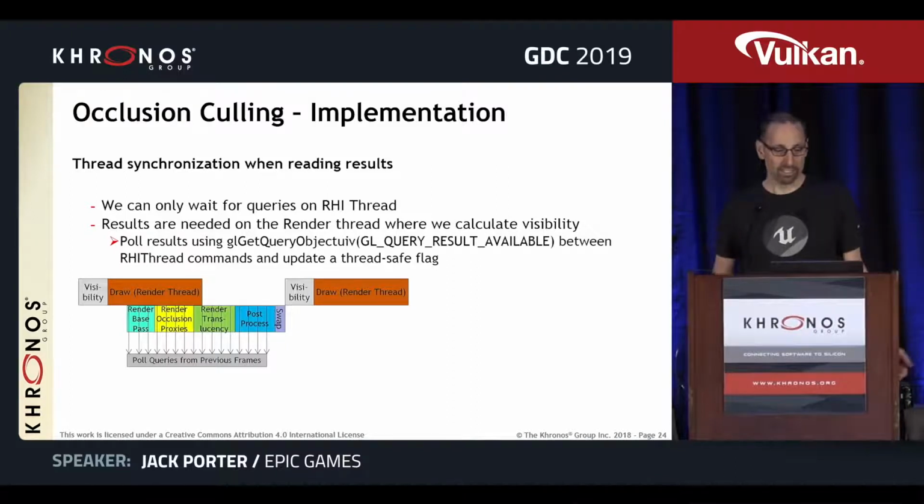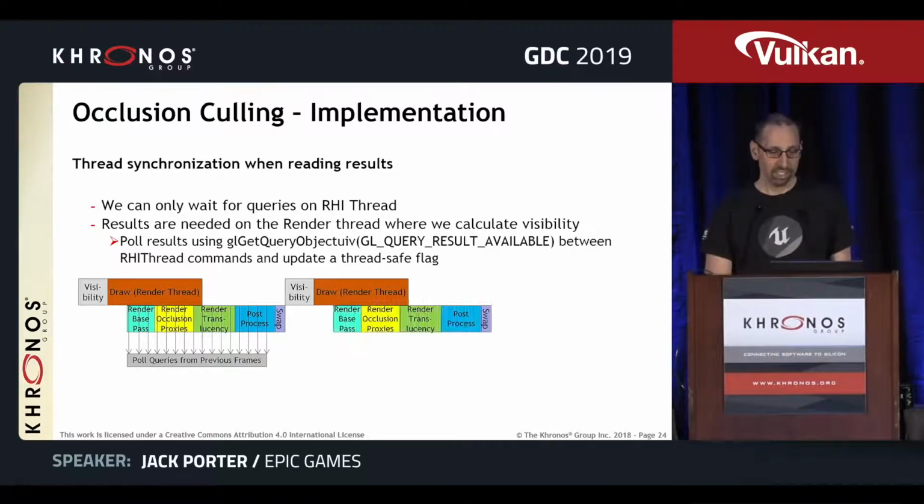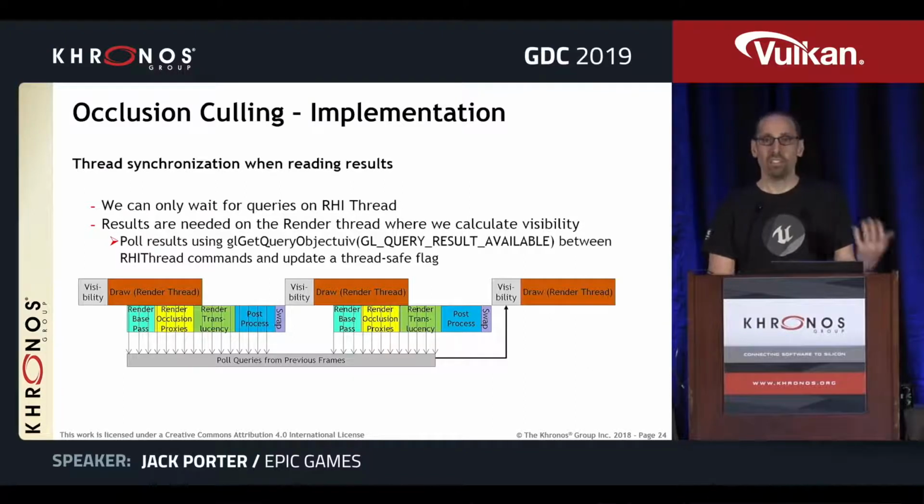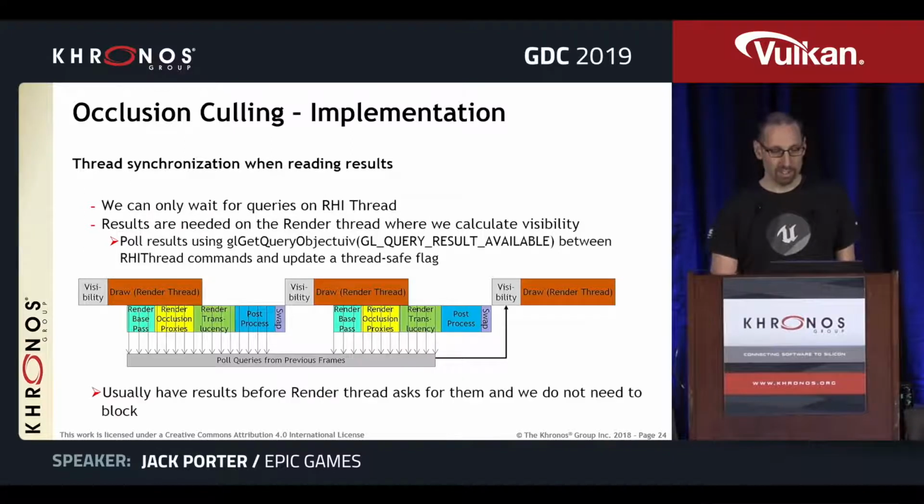As we're uploading extra commands to the RHI thread, we periodically poll to see if the occlusion queries have finished. And as we go along, eventually the results for those occlusion queries will be available. And most of the time we find that by the time the render thread needs them, the occlusion queries are done and we don't need to block.